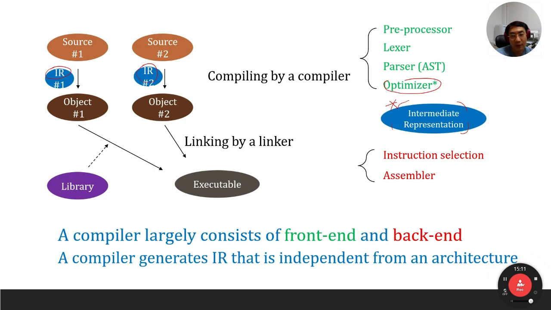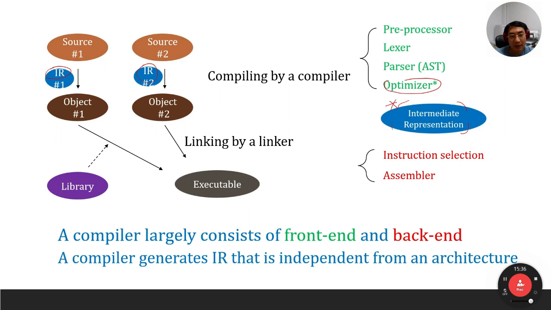Once you have the intermediate representation, the only thing left is to produce the final executable by selecting instructions depending on the architecture, right? That's what the instruction selection phase does. That's what the assembler phase does.